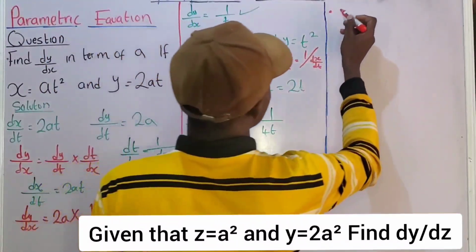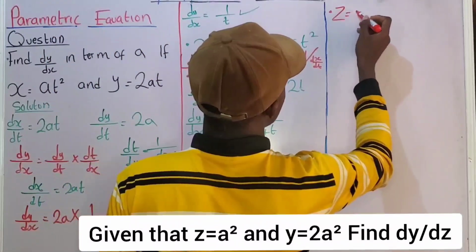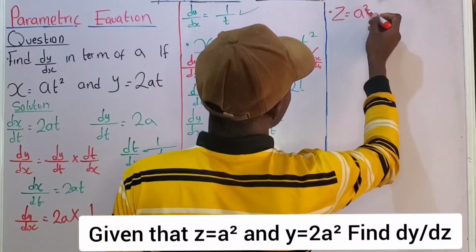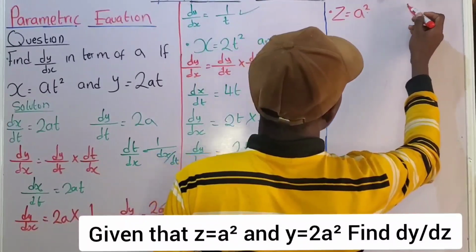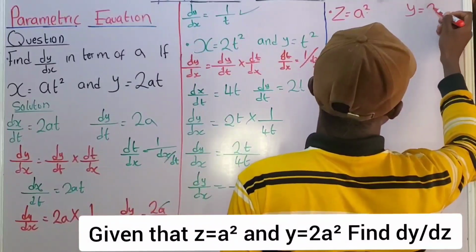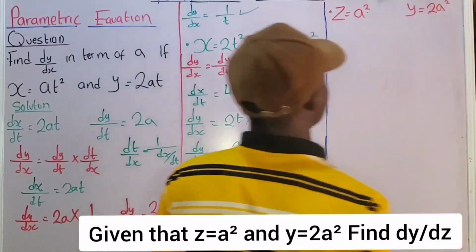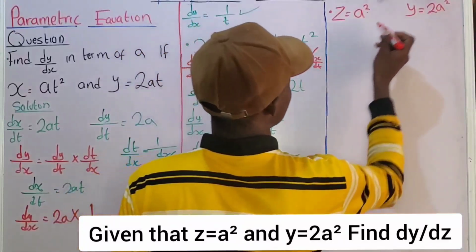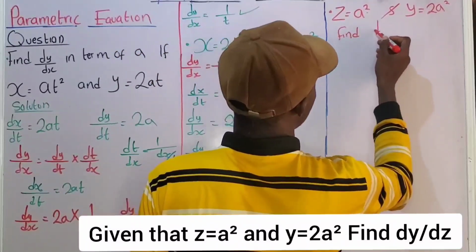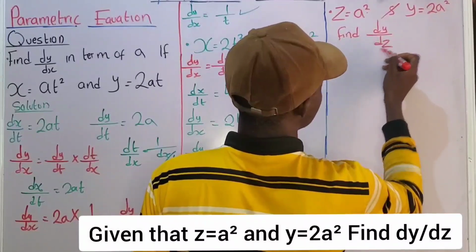Now let's say we have z equals a squared and y equals 2a squared. Now we are asked to find dy over dz.